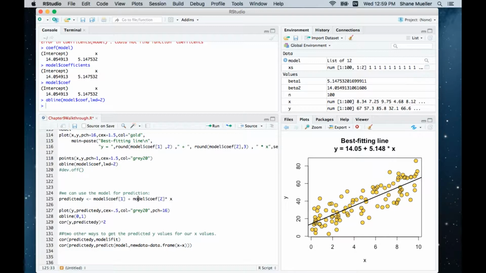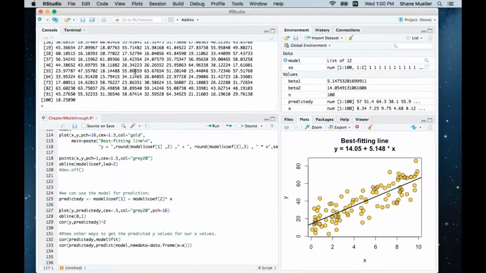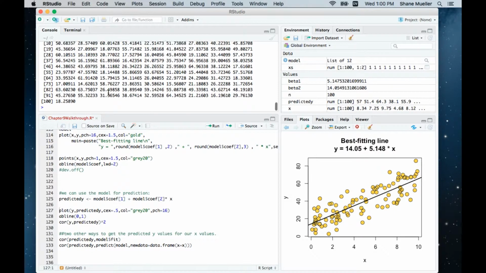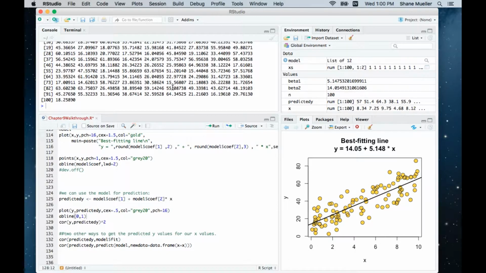I could come up with all the predicted values of the model, just like this. And this gives me, for every observation, what was the predicted value. That's going to be wherever the closest point on this line is to the observed data. But this gives me the actual set of values. And of course, I can correlate this with the truth.